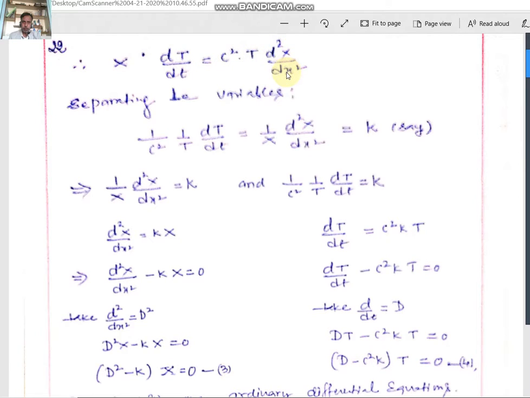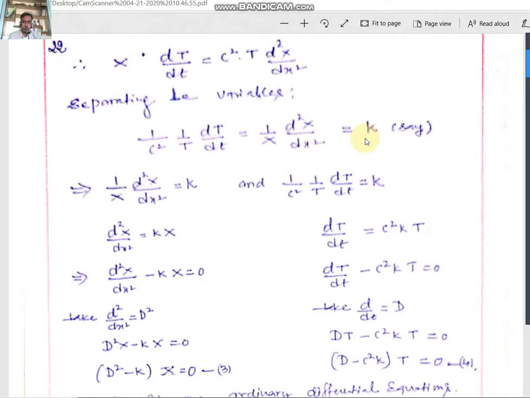Now let us separate them by equating to some constant k. Then each term, 1 by c square 1 by T dT by dt is equal to k, also 1 by X d square X by dx square is equal to k.